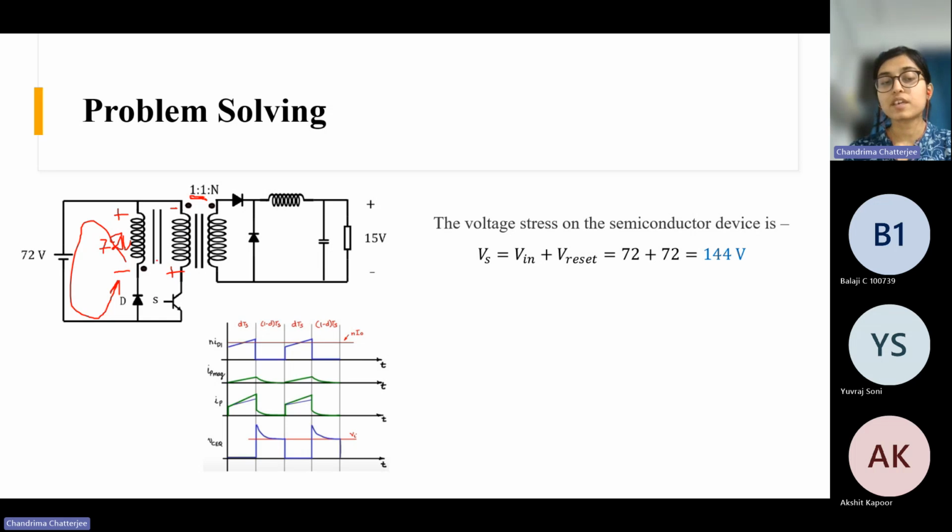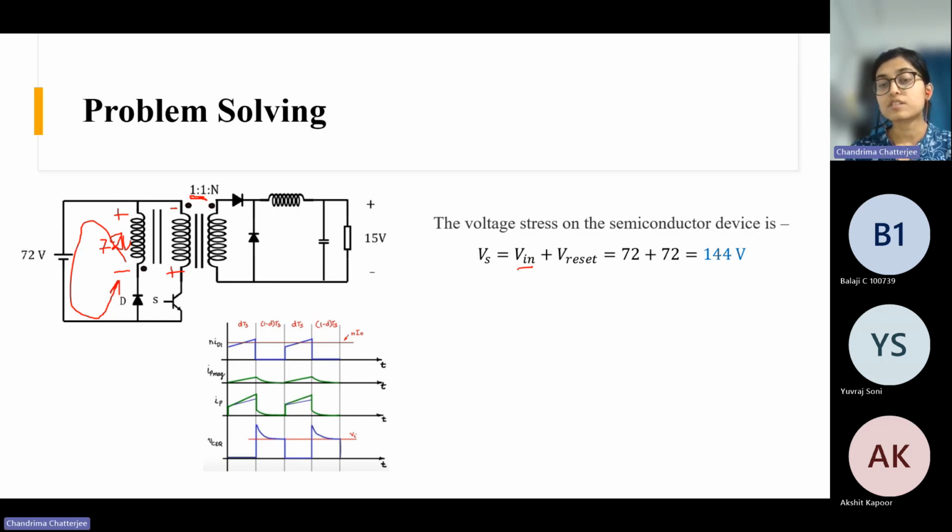So if you apply KVL here in this loop, what will be the voltage? The voltage will be this V in. You can follow this loop also or this loop also, same thing. So here it is minus to plus, so 72. Then here also minus to plus, 72.